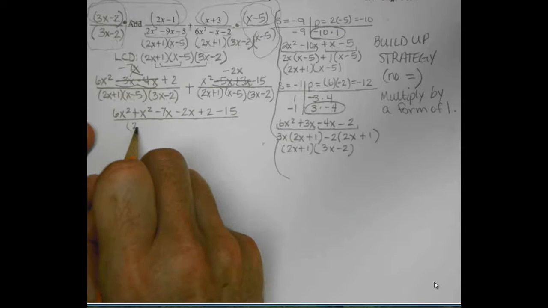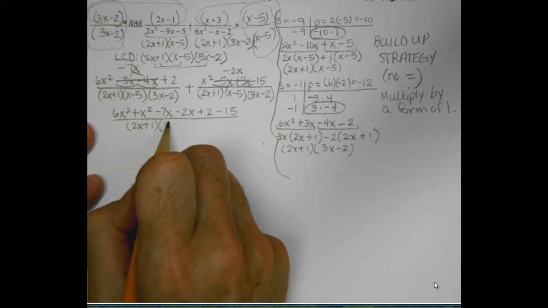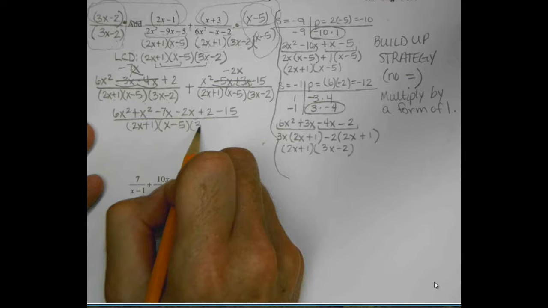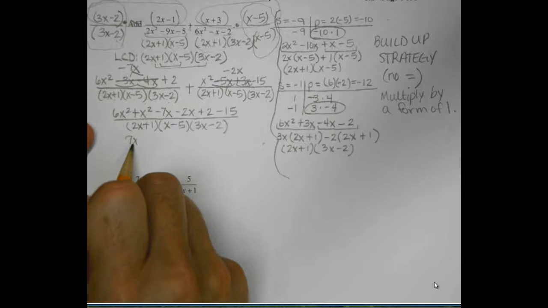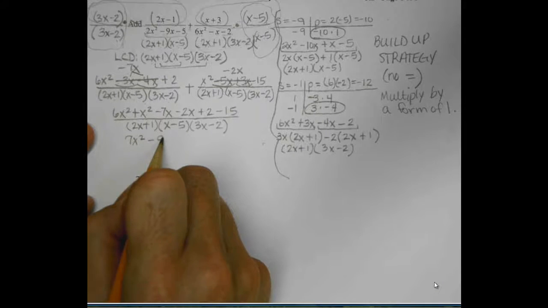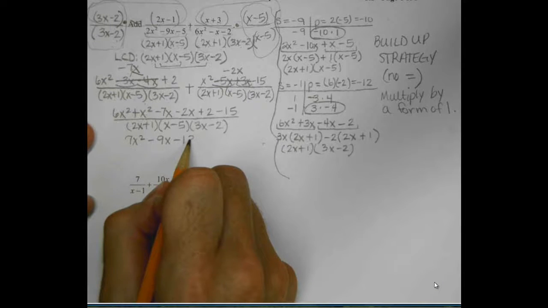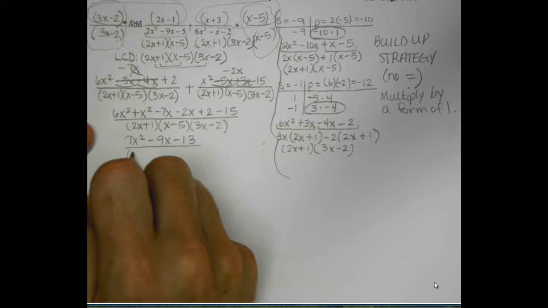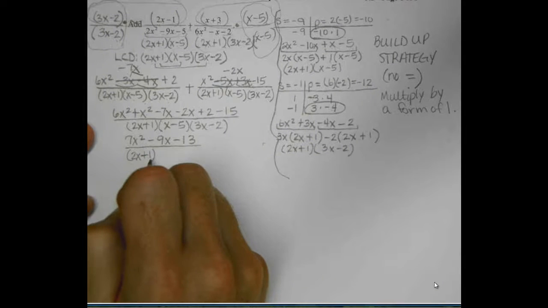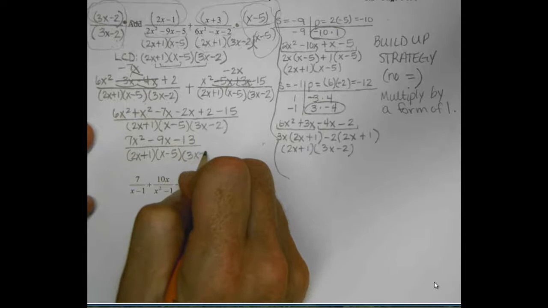Now I have the same denominator for both, so I just write it one time when it's a single rational, x minus 5 and 3x minus 2. I end up with, combine my like terms, I have 7x squared minus 9x minus 13. And it's all over the 2x plus 1, x minus 5, and the 3x minus 2.